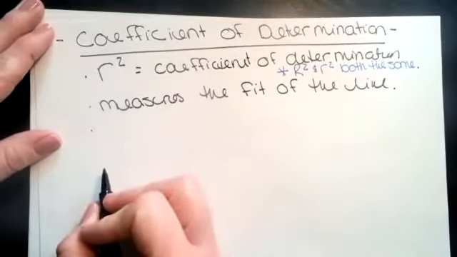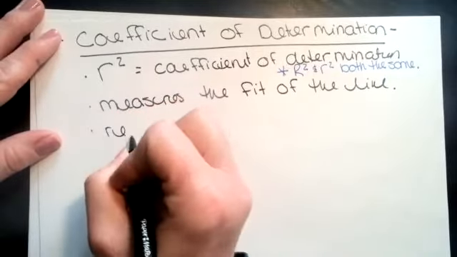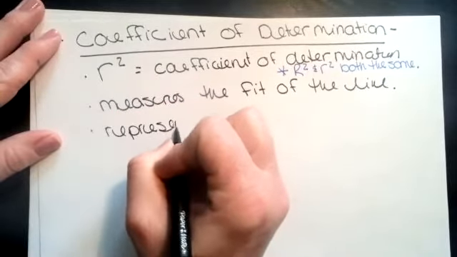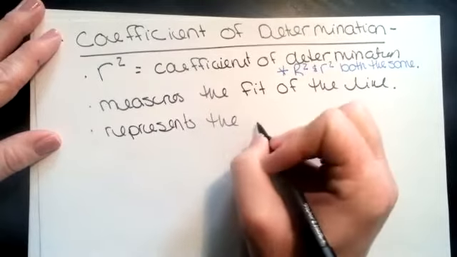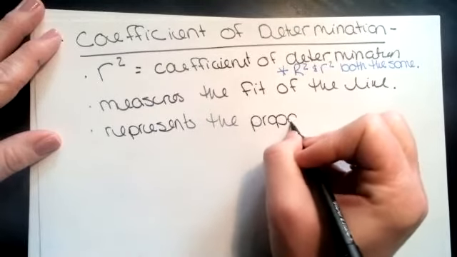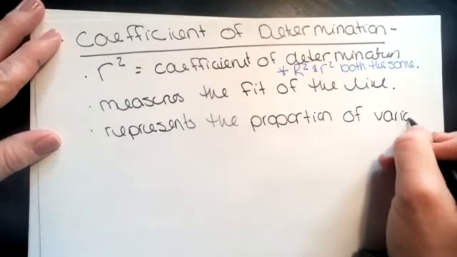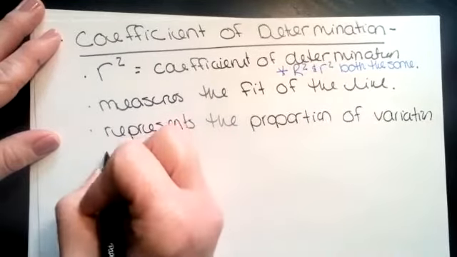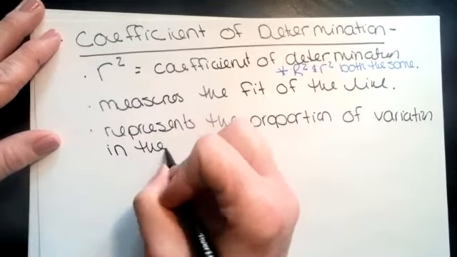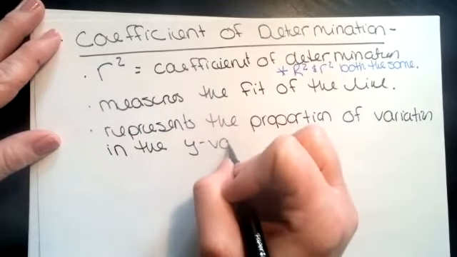So this lowercase r squared represents the proportion of variation in the y variable.